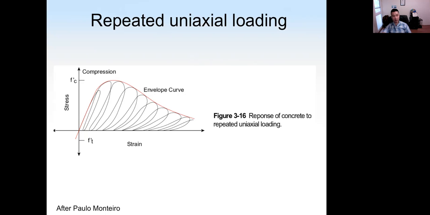So concrete becomes weaker. Also, we can notice the slope after each cycle will become flatter and flatter. The slope is the E value, the modulus of elasticity. So concrete becomes less stiff.